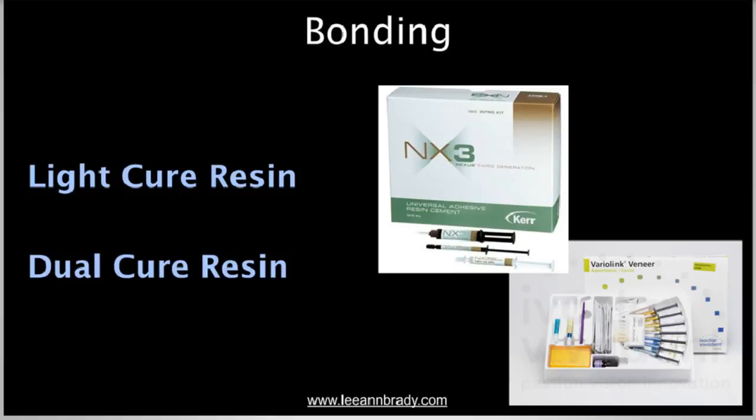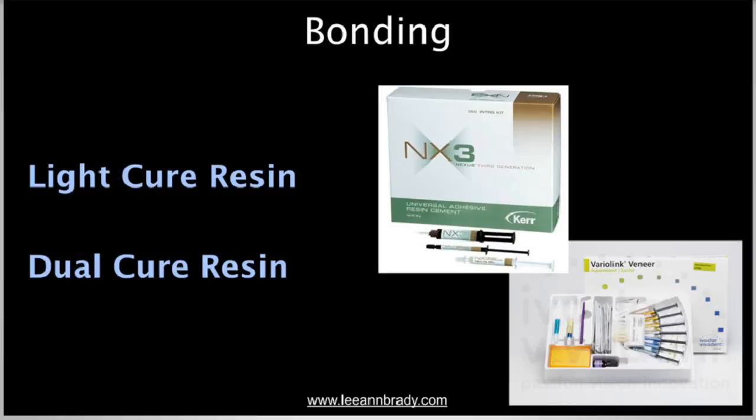Number one, you need to know with confidence that you can get light all the way through the restoration to the bonded interface and fully polymerize, or fully cure, that material. And light cure materials are absolutely predictable in that they won't color shift in the mouth, because there's no chemical, there's no catalyst in there.